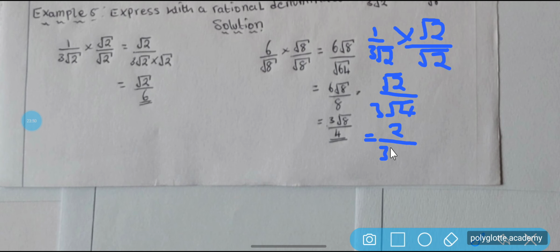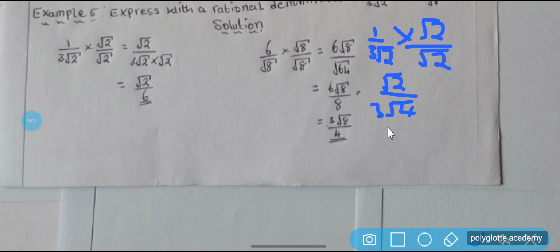Divided by 3 root. Oh, sorry for that. We are going to have 3 times, we know root 4 is 2. So we are going to have 2.